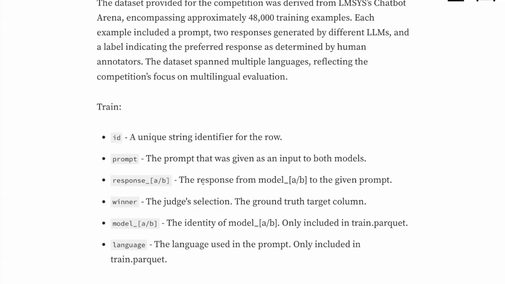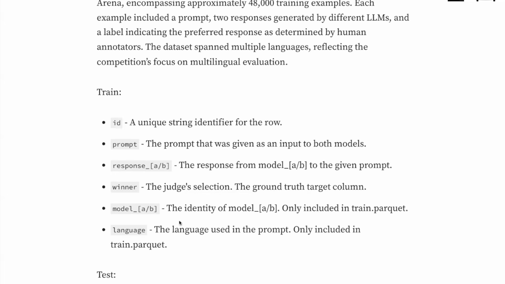There is a response from model A and a response from model B to the given prompt, so two responses per prompt. Then a human judge says which one is better, the winner, A or B. This is the target column. This is the judge, and this is the identity of model A or B, saying the winner is model A or B.